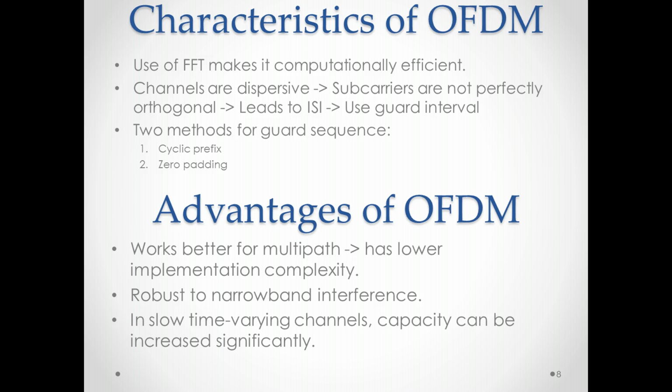The two methods for using a guard sequence, as discussed before, are the cyclic prefix and zero padding. Of the many advantages of OFDM, a few are mentioned here. One of them is that it works better for multipath since it has lower implementation complexity at the receiver. It is robust to narrowband interference, and in slow time-varying channels, capacity can be increased significantly.